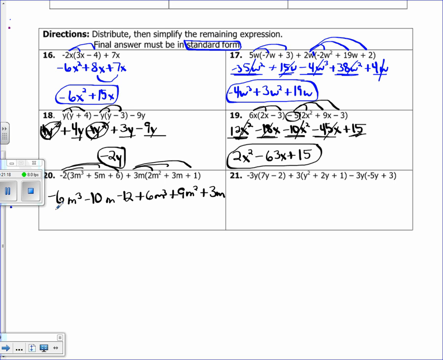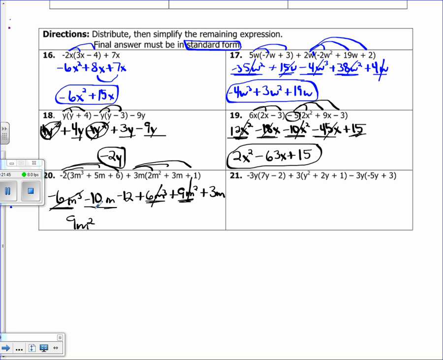Combine like terms. Start off with the highest powers. Notice that it's a negative 6m cubed and a positive 6m cubed. Those are going to cancel out. They're going to make 0. So we don't have to write anything in there for that. Next is this squared term, 9m squared. There's nothing to combine it with, so that's all that we have.